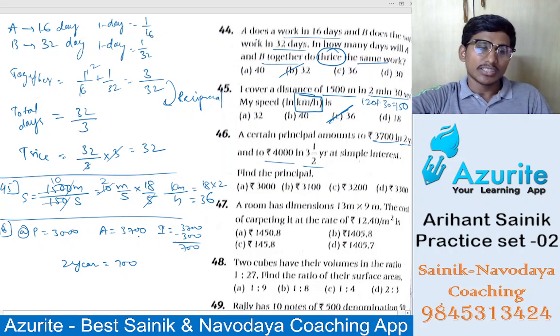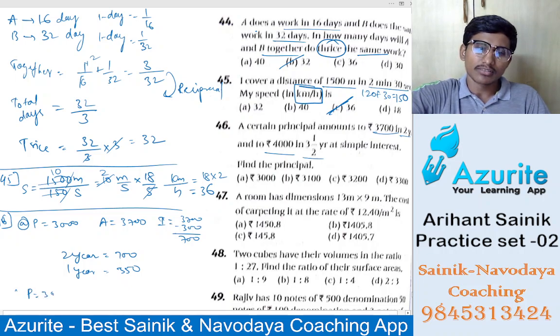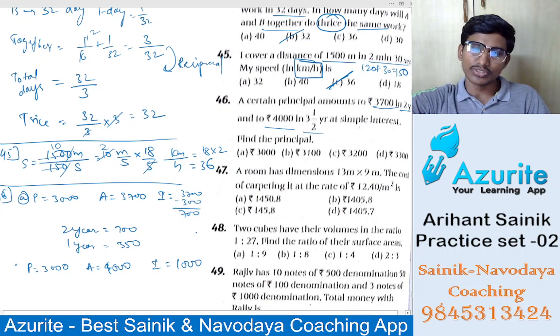So 2 years is 700, 1 year will be 350. Same you do for this also. That is principal is 3,000, amounts to 4,000, right? So interest is 1,000, directly I have done 4,000 minus 3,000.